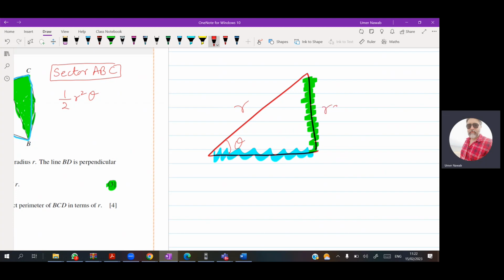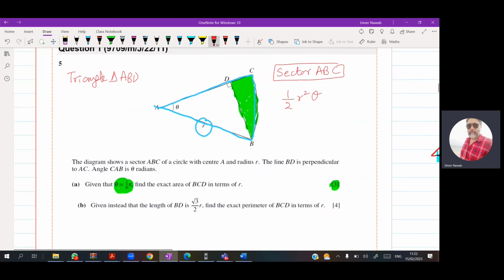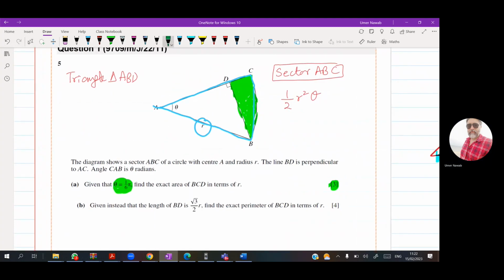You will say, Mr. Omar, this is always R sine theta and this is R cosine theta, because in front of theta you call it R sine theta and R cosine theta. May I use this result over here? So BD should be R sine theta and AD should be R cosine theta. I hope it is clear to you guys.